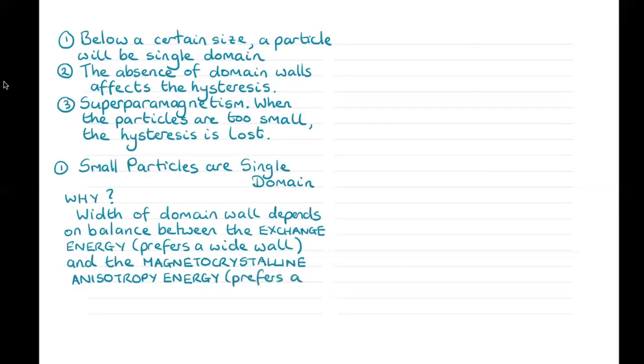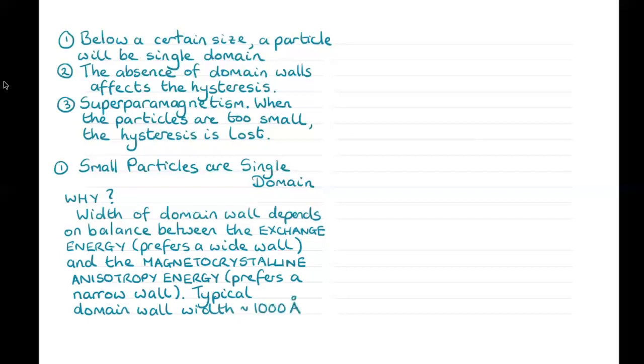A large magnetocrystalline anisotropy energy will favor a narrow domain wall. For typical ferromagnetic materials, for example iron, this competition leads to a typical domain wall width of around 1,000 angstroms, 100 nanometers. And so if a particle is smaller than that size, then a domain wall can't fit, and so it won't form.